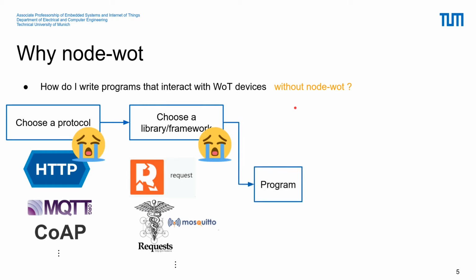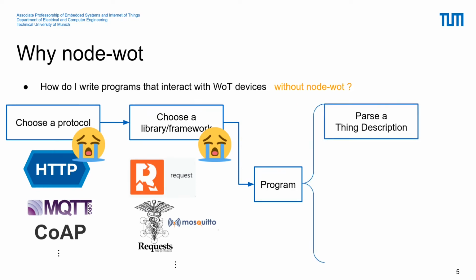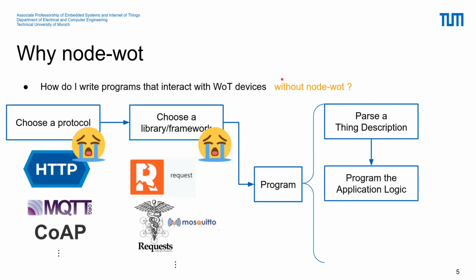Then you can do what you wanted since the very beginning, so programming. But this time, what does it mean to program a consumer application? It's to first fetch and parse the thing description. So again, you would need to understand the TD standard. Then you would need to program the application logic, which is basically what properties you should read and which actions to invoke.